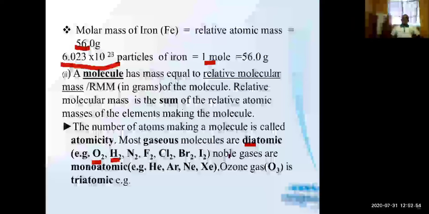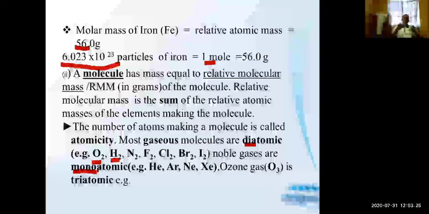Also, we have the noble gases, which are found in group 8 of the periodic table. In Form 2, you learned that the group 8 elements are referred to as monoatomic. Monoatomic means they have one atom. Mono means one.